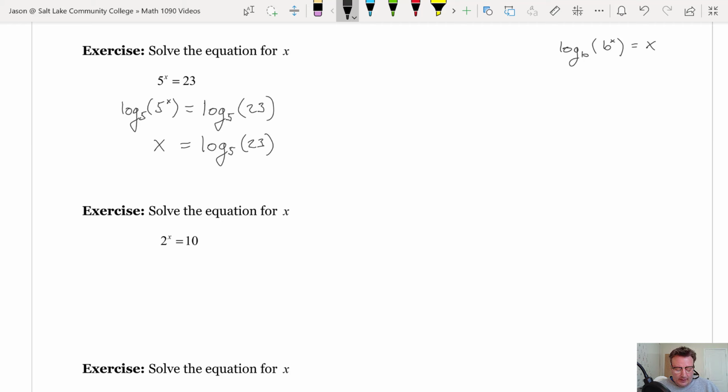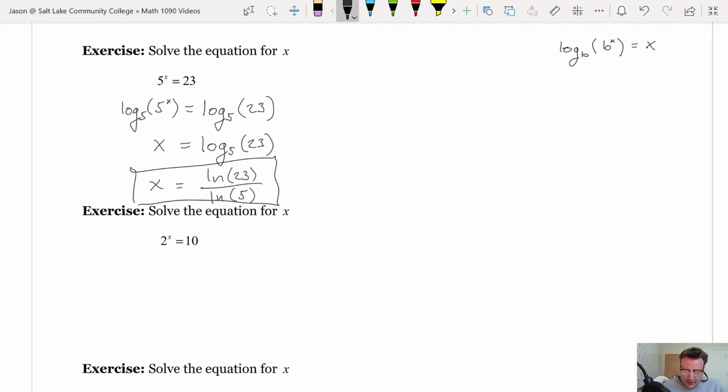Now, at this point, if we needed to, we'd probably want to compute a value, and what would we do? We would apply the change of base formula and rewrite log base 5 of 23 as the natural log of 23 over the natural log of 5, right? So there's the answer.